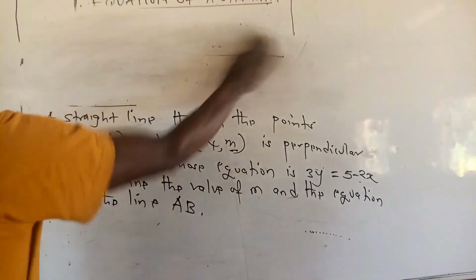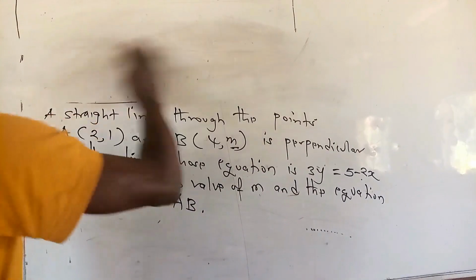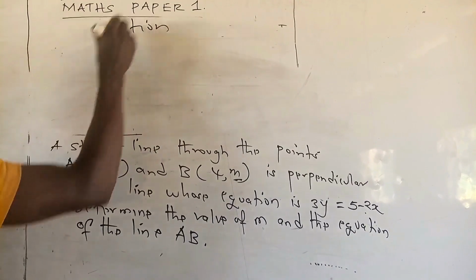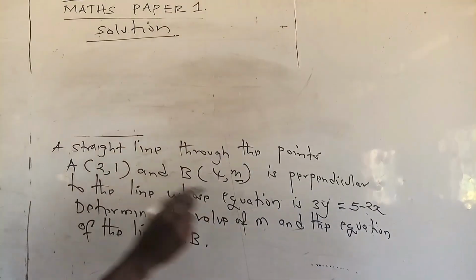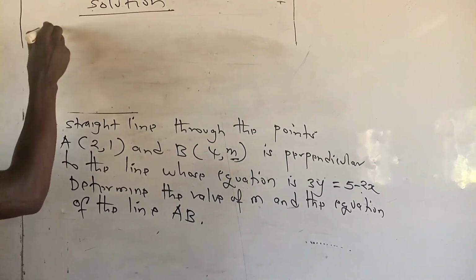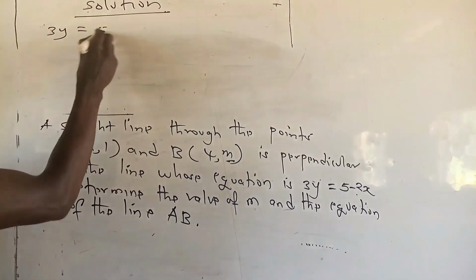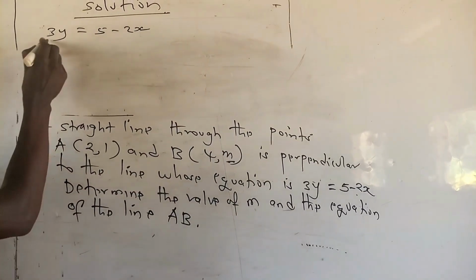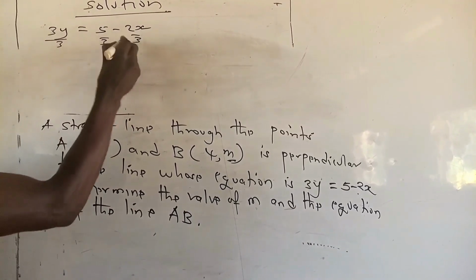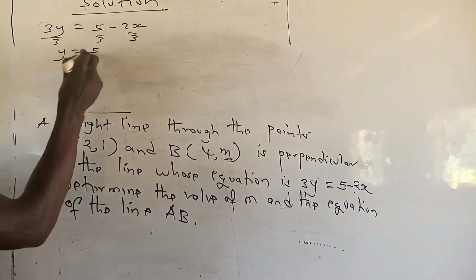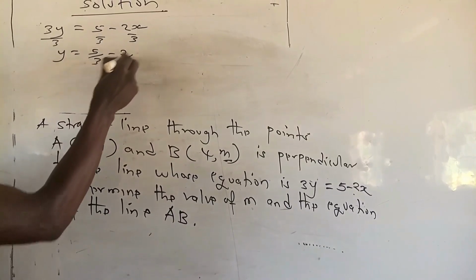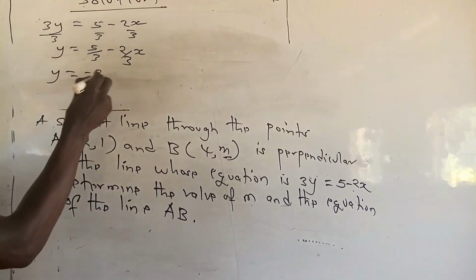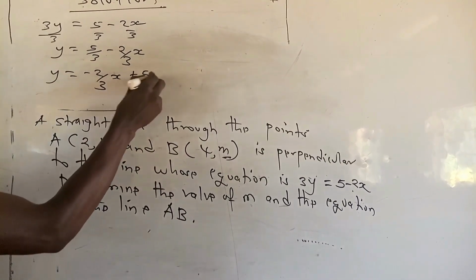The solution. The equation that it is perpendicular to is 3y is equal to 5 minus 2x. Let's write it in the form of y is equal to mx plus c. We can divide both sides by 3 so as to have y is equal to 5 over 3 minus 2 over 3 x, which I can write as y is equal to negative 2 over 3 x plus 5 over 3.